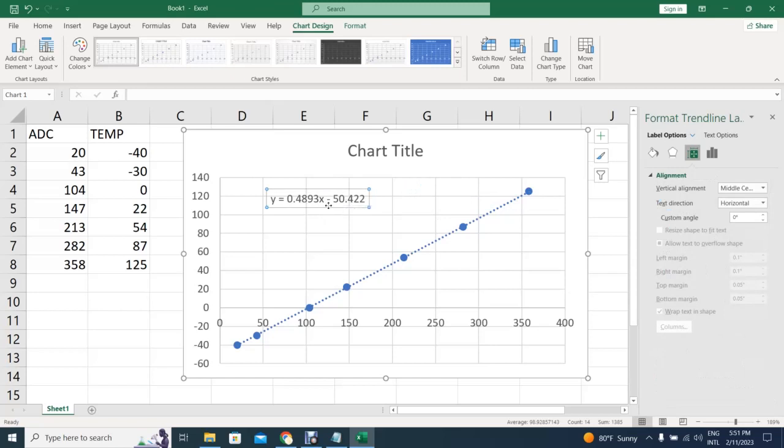This is perfect. This is what we need. In this case, the y is going to be temperature and the x is going to be ADC. So this is the curve that we need for calibration so that we recover back the unit. Again, this is because it's linear.